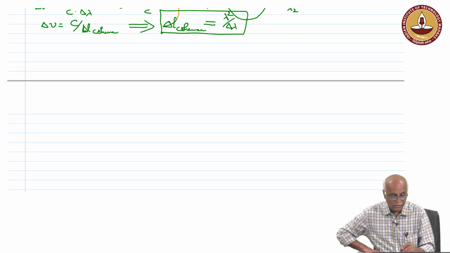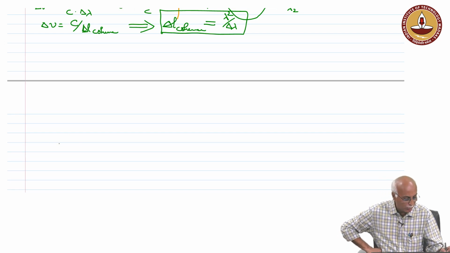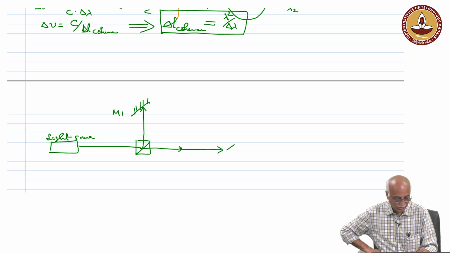The only difference between Michelson and Mach-Zehnder interferometer is, if I quickly draw the configuration, there is a light source, it comes, and then I use a beam splitter over here, which allows transmission and reflection of light, and then I use a 45-degree mirror M1, and over here it travels and again a 45-degree mirror M2.